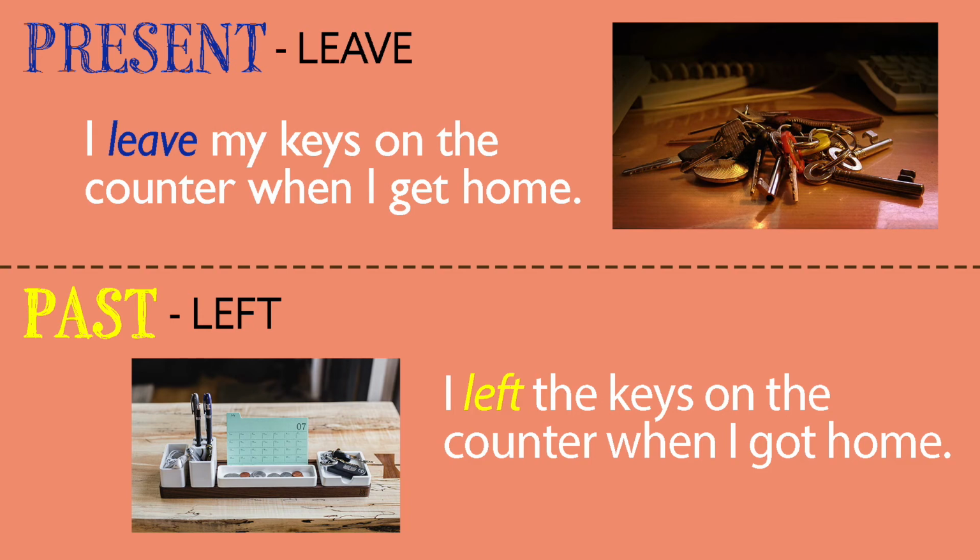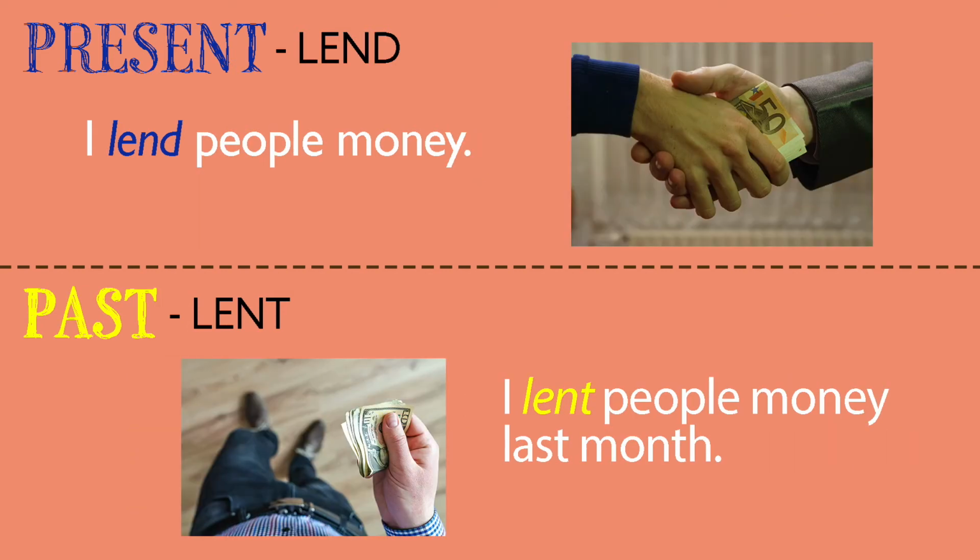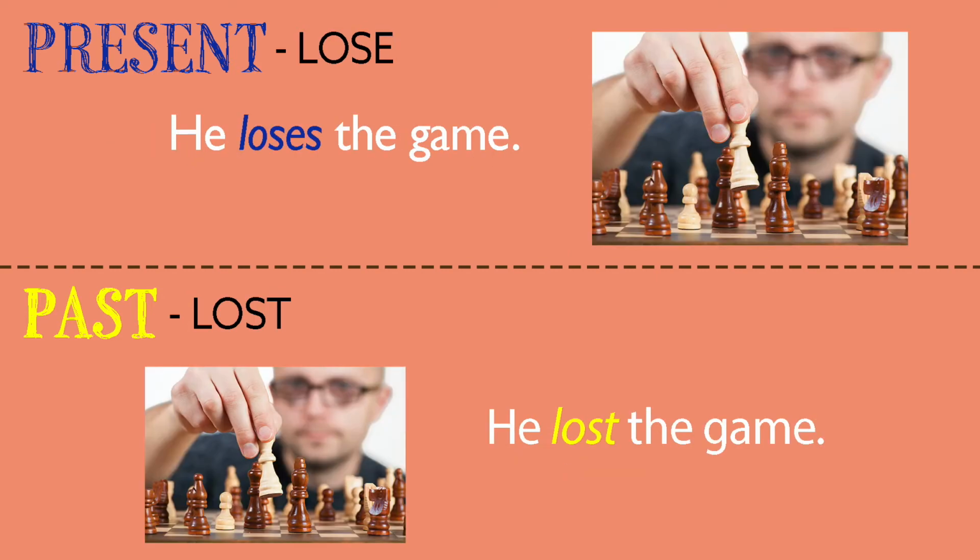I leave my keys on the counter when I get home. Left. I left the keys on the counter when I got home. Lend. I lend people money. Lent. I lent people money last month. Lose. He loses the game. Lost. He lost the game.